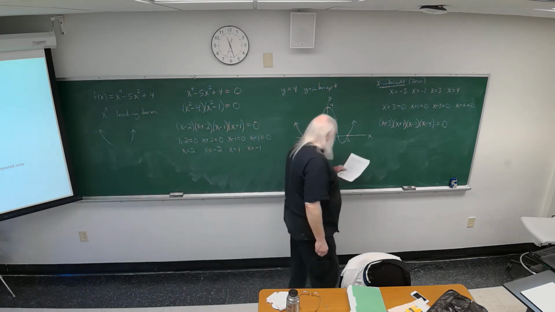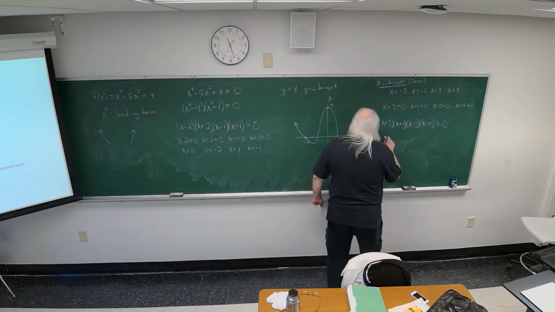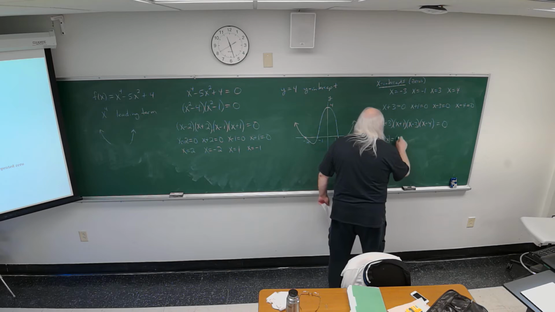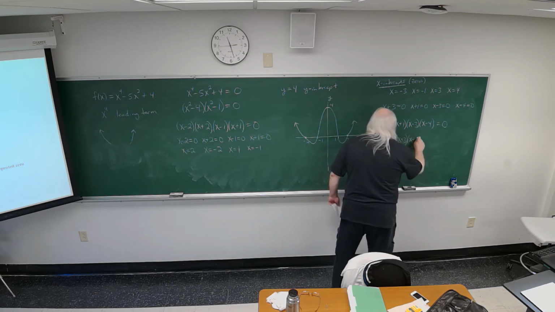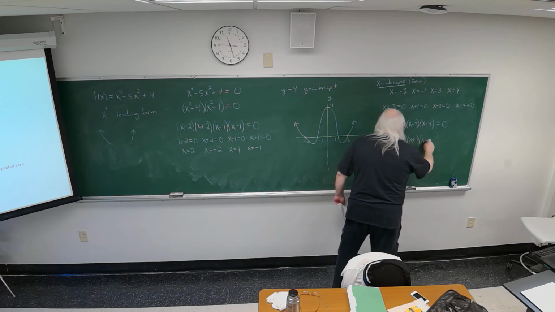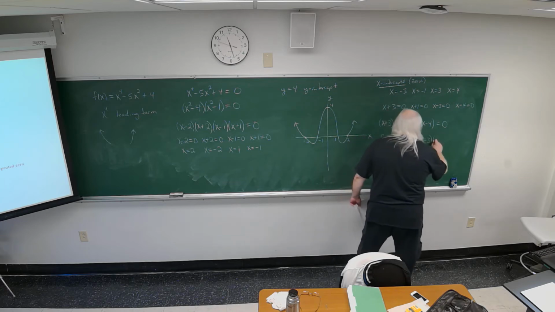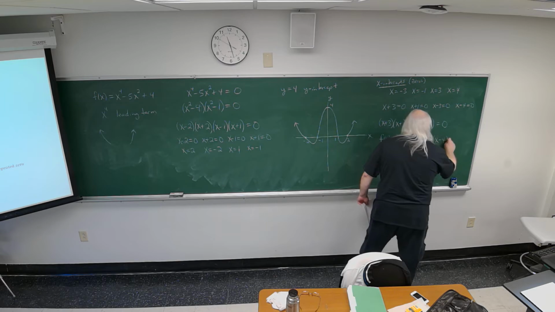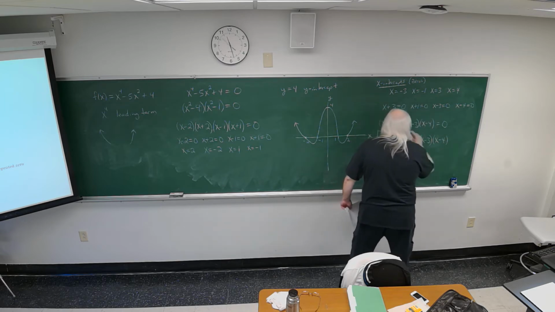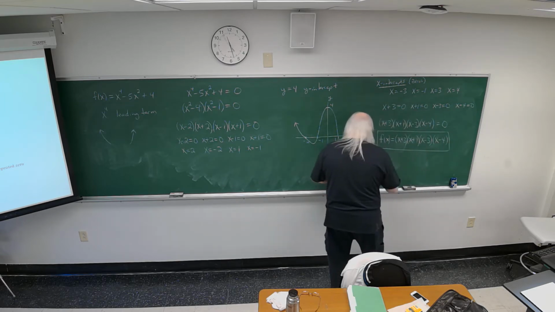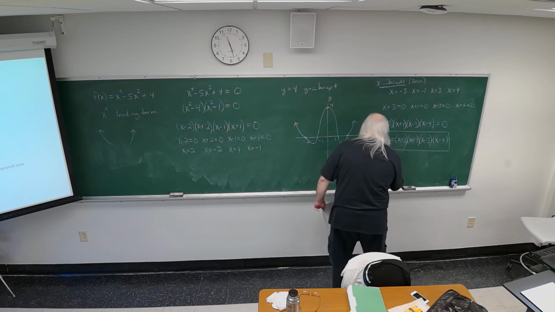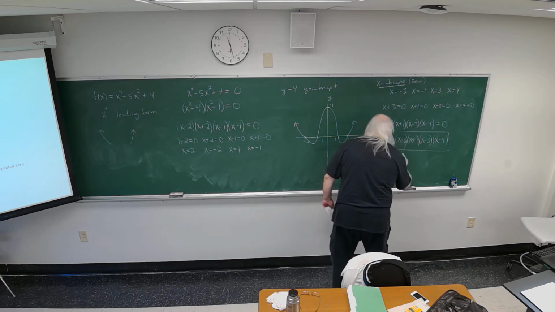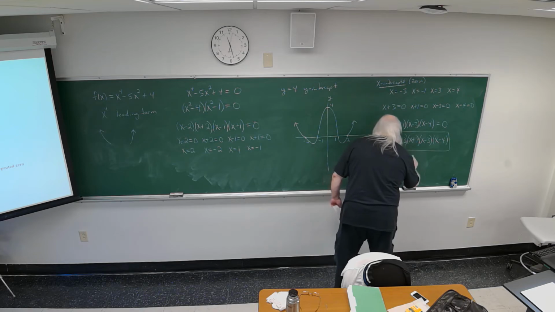So the polynomial in factored form is f of x is equal to x plus 3 times x plus 1 times x minus 3 times x minus 4. That is the polynomial in factored form. You just call it a factored polynomial.